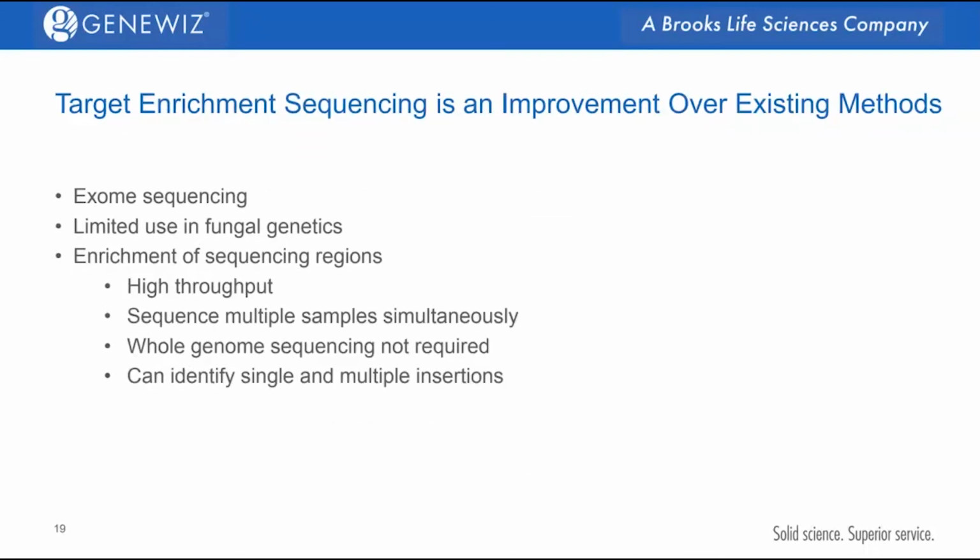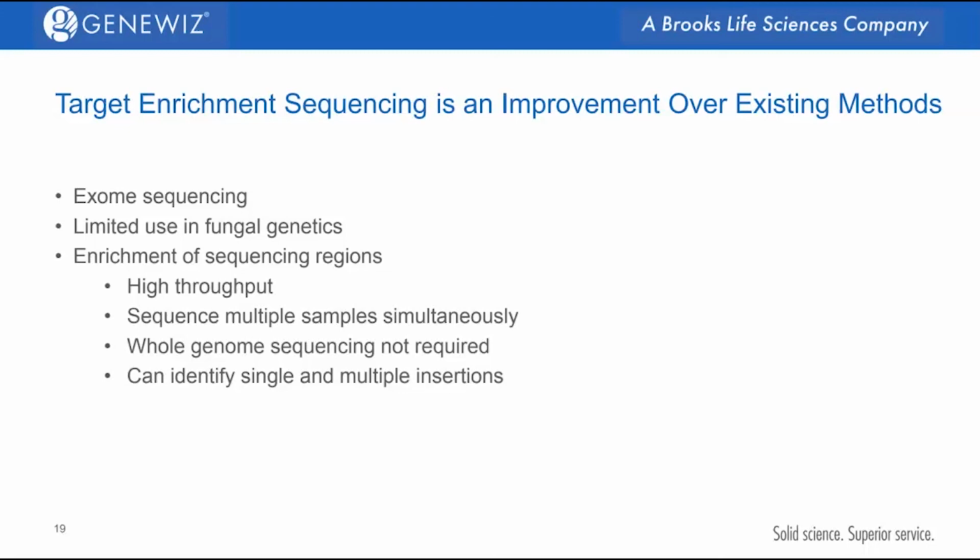However, today what I'm going to be talking about is target enrichment sequencing, which can be efficiently used to sequence many samples and also correctly identify where the mutagenesis happened. Because in both Agrobacterium-mediated transformation and protoplast-mediated transformation, we have a mutagenesis cassette that randomly inserts itself in the genome, but we don't know where.